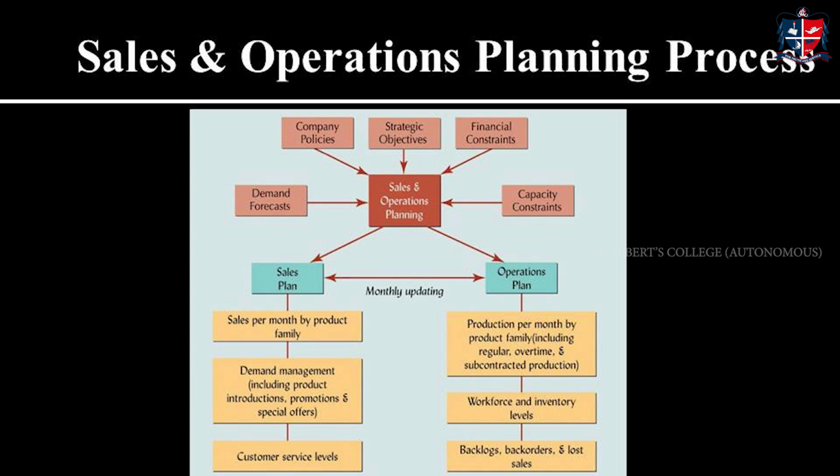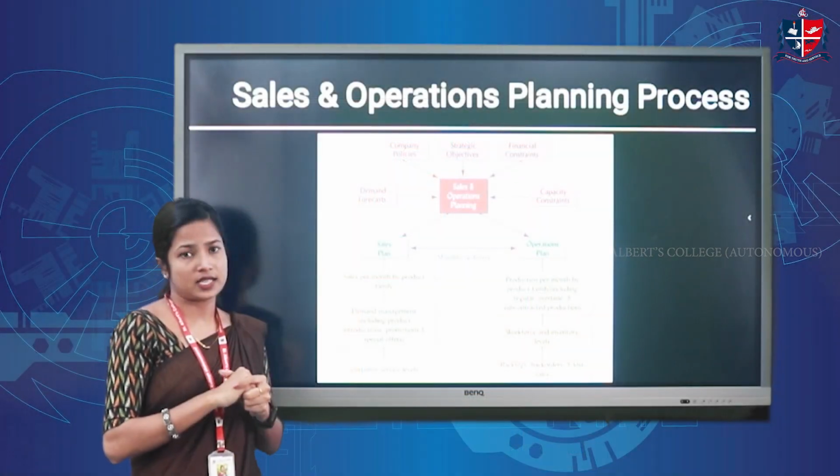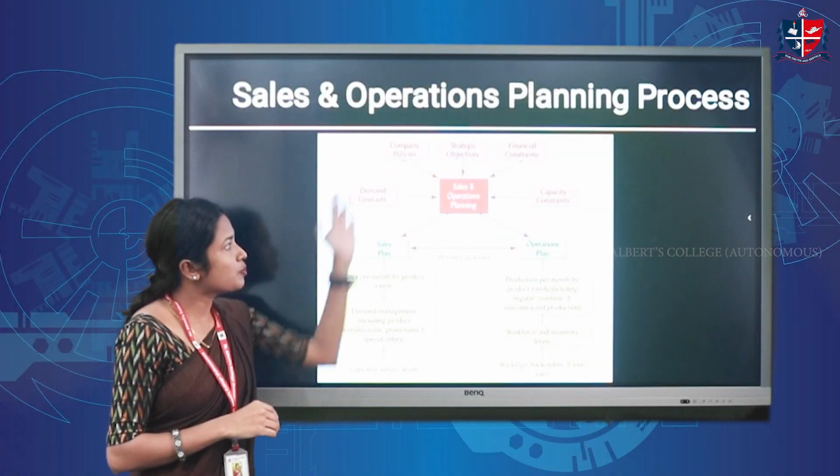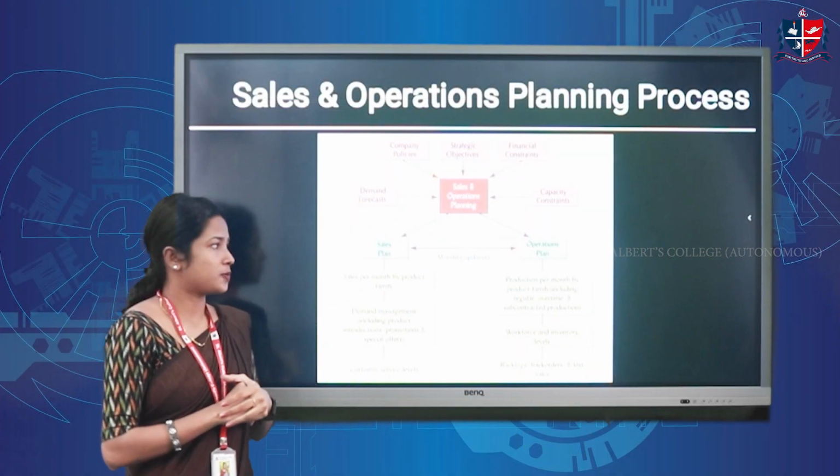And the last one is the capacity constraints, that is, how much human resource, how much material we can afford, and how much production we can do. That is what is meant by capacity constraints. So these are the inputs for sales and operations planning.